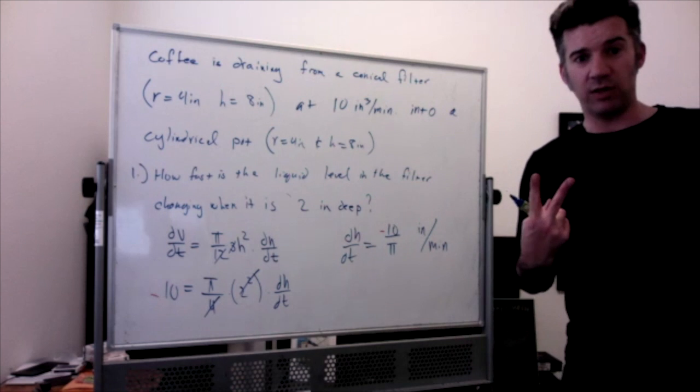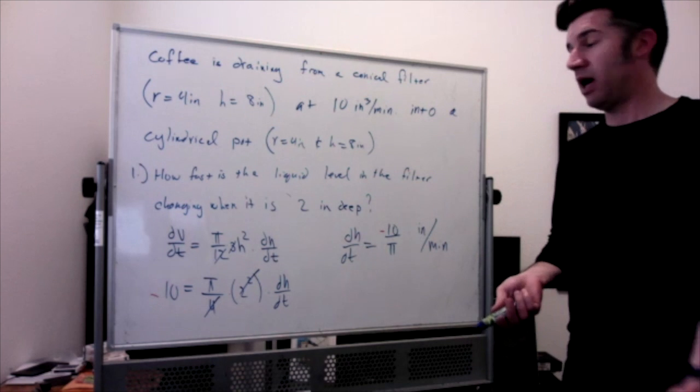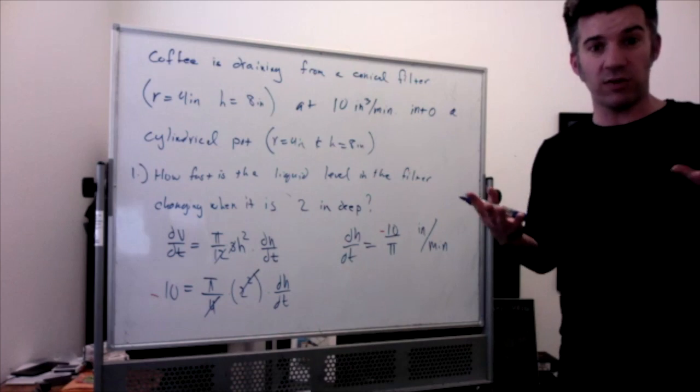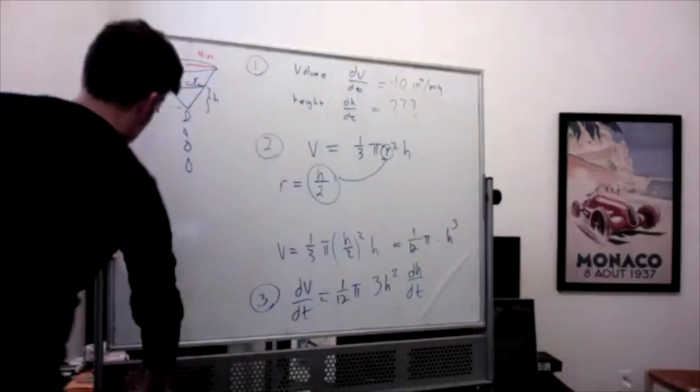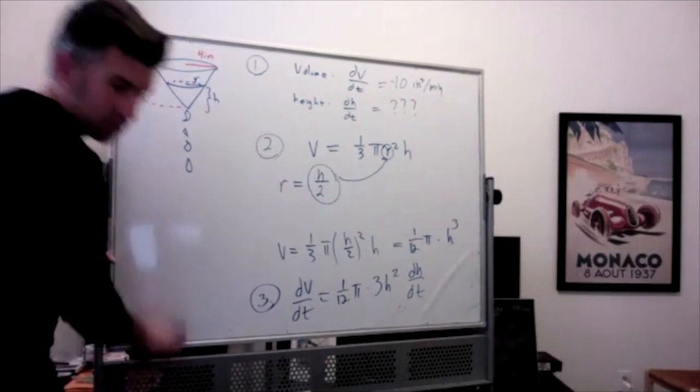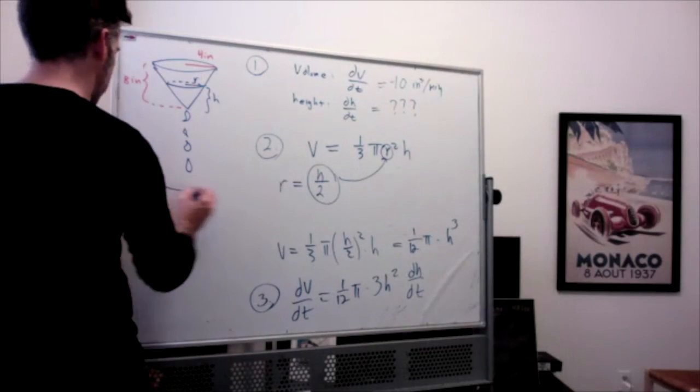Okay, but then the second part of this question. And the second part of this question is, how fast is the volume in the cylinder increasing? So, here's my cylinder again.